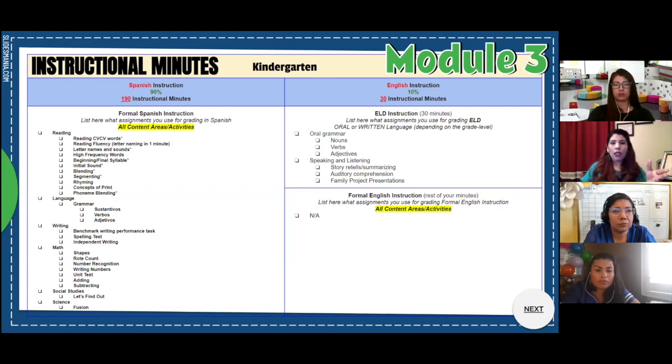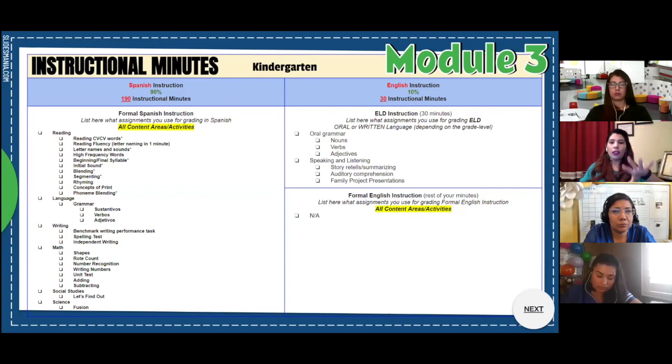So when we're talking about ELD and English minutes, at the earlier grades, because the minutes are so short, it kind of just becomes a little murky. Because, okay, what is ELD? What is the difference between developing the English language in a strategic way, and what regular English minutes look like?